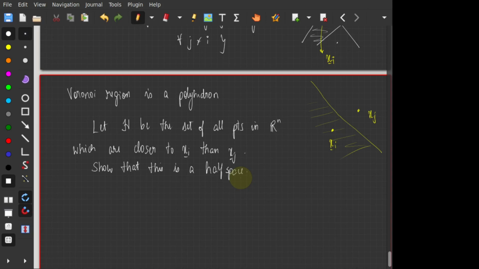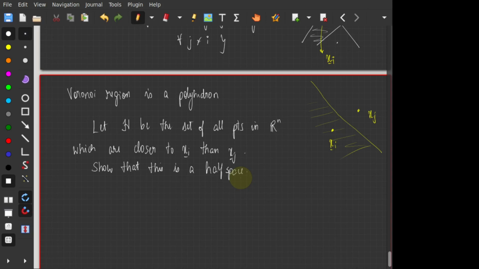Okay. Take any point that is assumed to be close to xi, and then project that on the line joining xi and xj and show that it is zero. I claim that it's simpler.